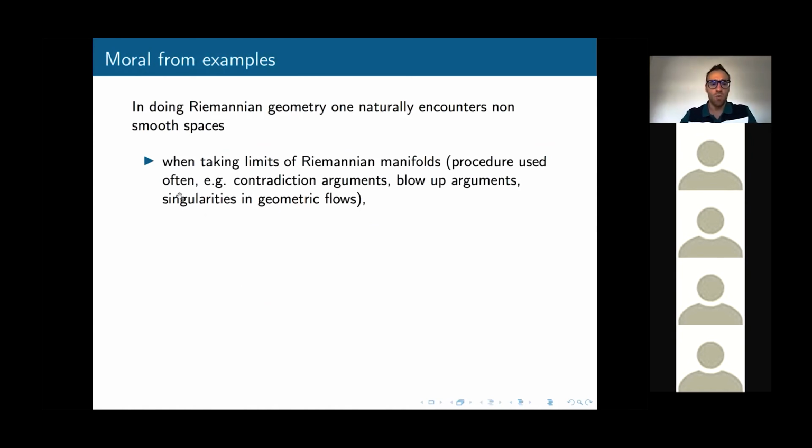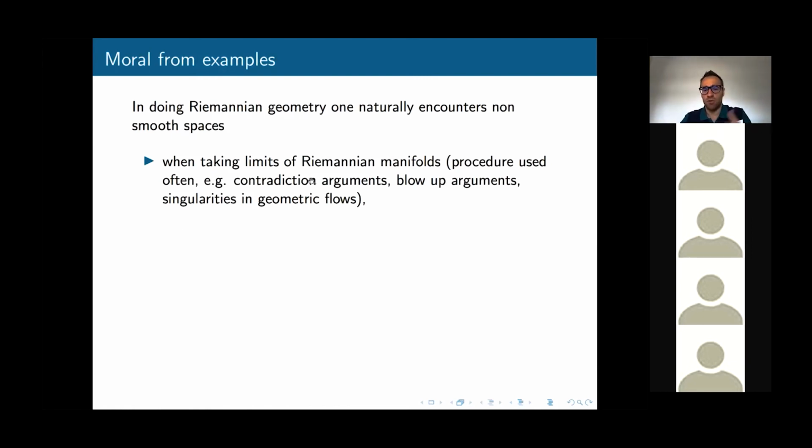For instance, when one takes limits of Riemannian manifolds, a procedure which is used very often in contemporary differential geometry. If you are doing a contradiction argument, you want to prove that some inequality is satisfied among spaces with a lower bound on the Ricci curvature. What you do is assume by contradiction that it is not the case, then apply Gromov compactness, pass to the limit, and if in the limit you are able to get a contradiction, then you prove that your inequality holds.